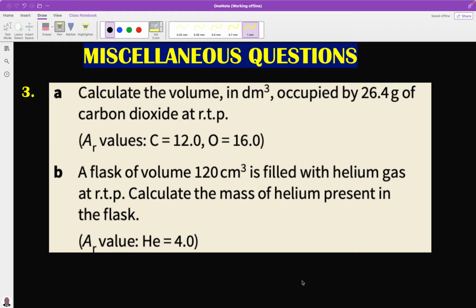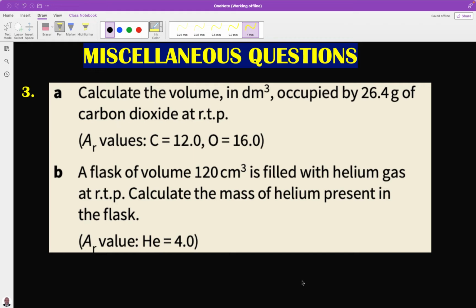And 1 mole of gas occupies 24.0 dm cube at room temperature and pressure.